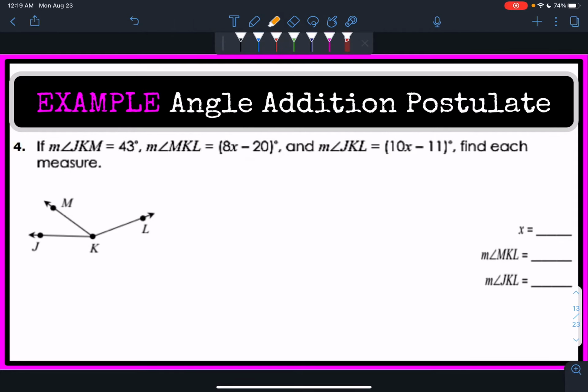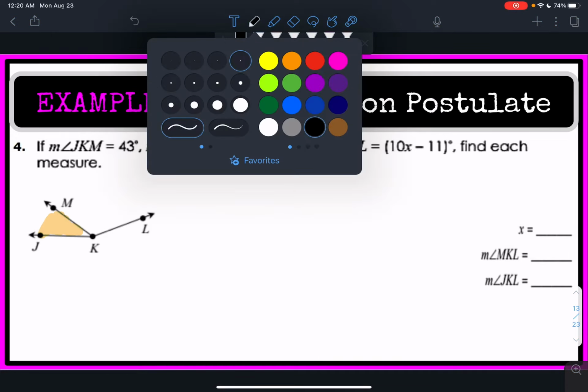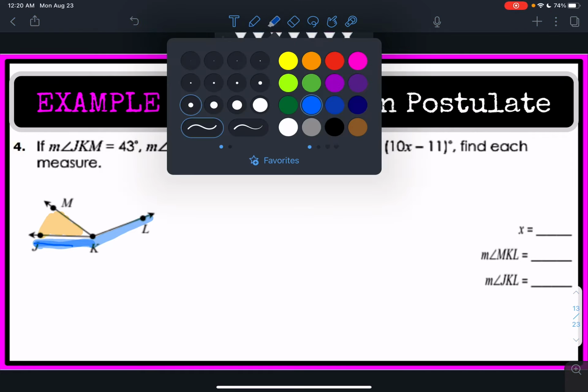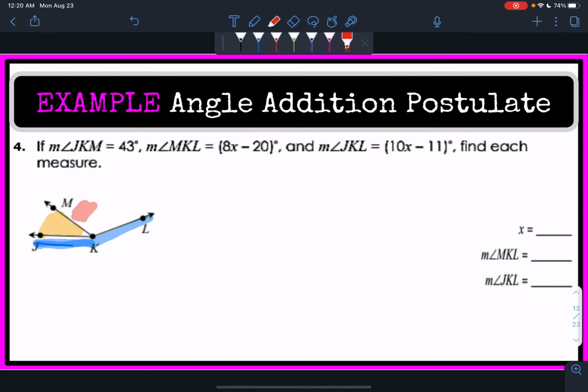Let's begin with the main idea that the angle addition postulate says that if we have this major angle, which we will do in blue, from J to K to L, and there's this interior ray KM that gets connected from the vertex, well, by adding those two sections, which I'm highlighting in orange and in red, that would equal, again, the measurement of JKL.